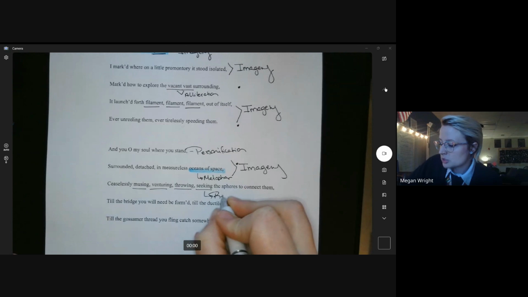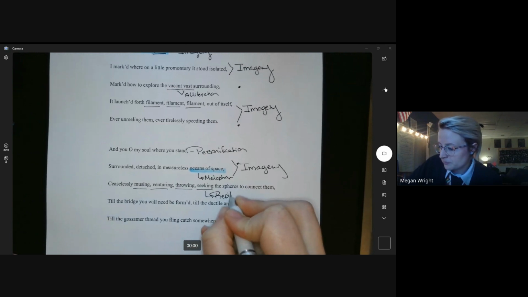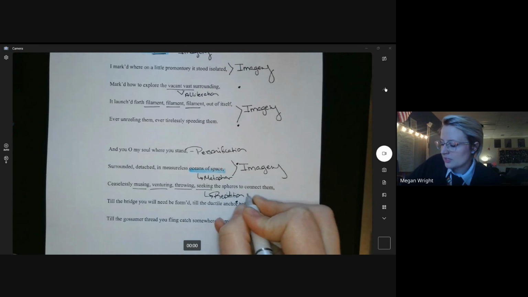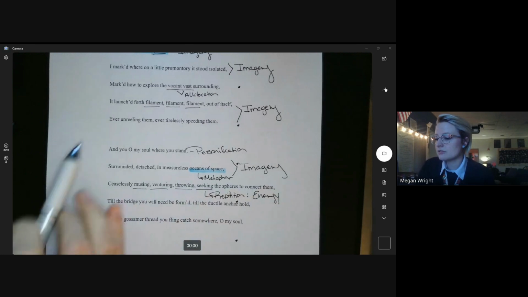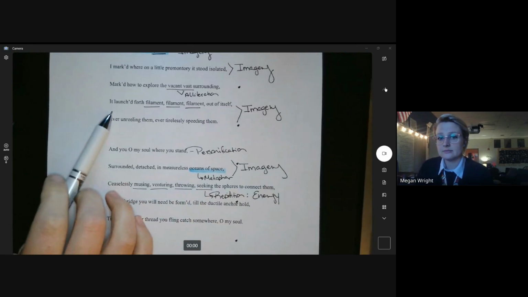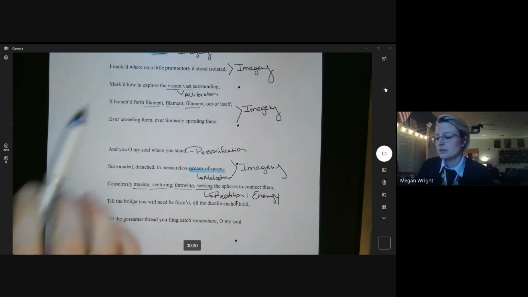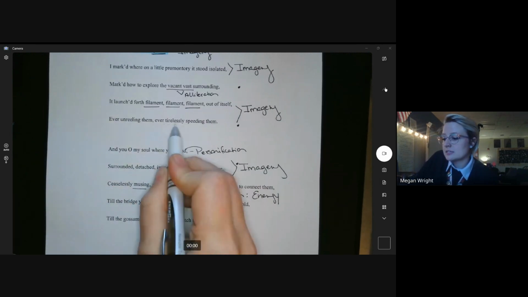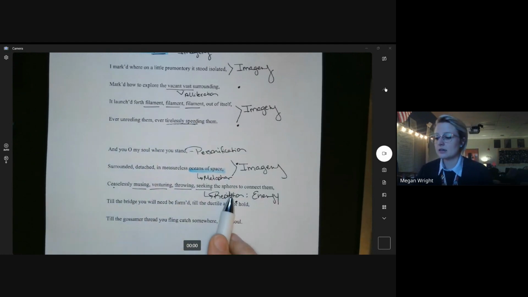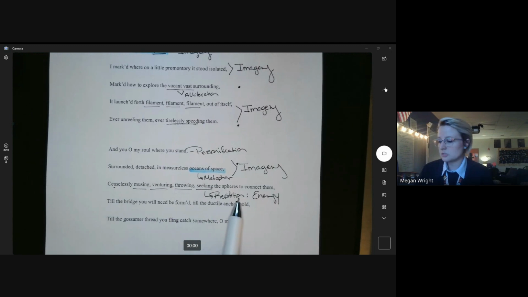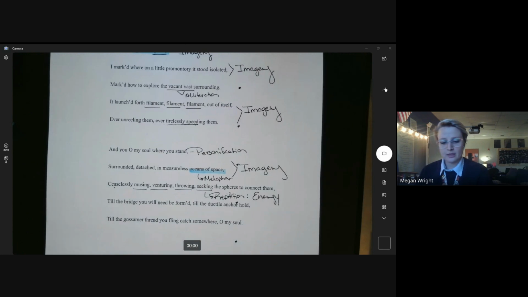So this repetition really conveys an energy, again, that mirrors that of the line in the top stanza. Same here, where we talk about tirelessly speeding them. We see that again reflected here as we're talking about the soul itself, as it's musing and venturing and throwing. So it really conveys this movement, this very kinetic energy.